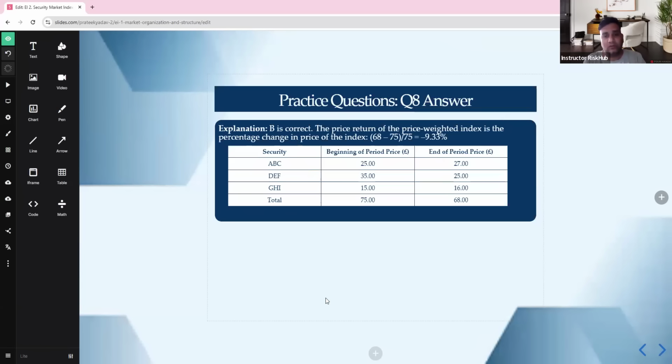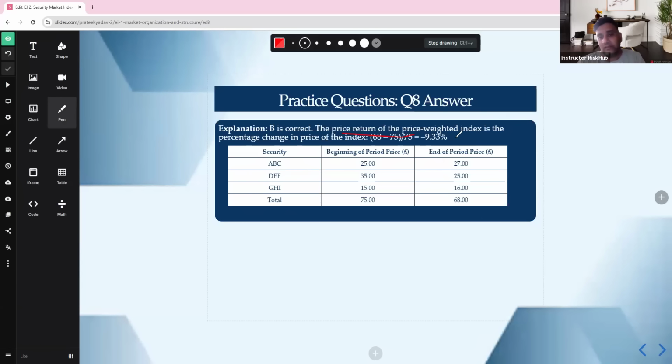If we go to see here, what is done here? The price return of the price weighted index is the percentage change in the price of the index. So what is being done here? You add the full thing. Ultimately, 75 and you're 68.